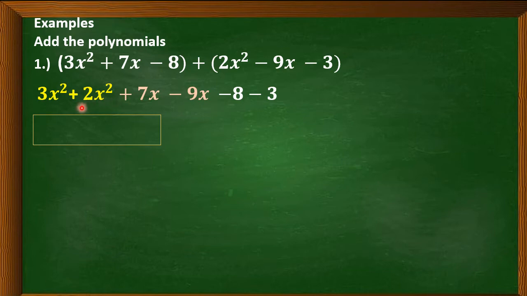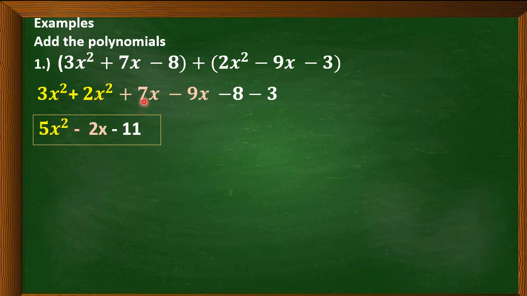Now, we have to simplify. So 3 plus 2, we have to add only the numerical coefficient and copy the literal coefficient. So 3 plus 2 is 5, and then we have to copy x squared.